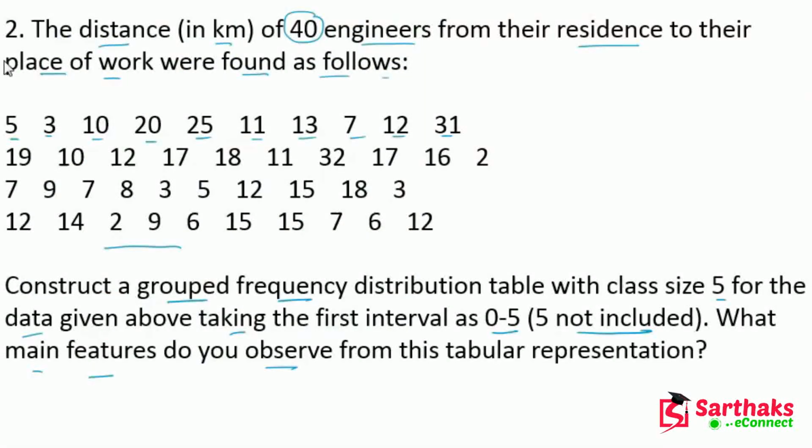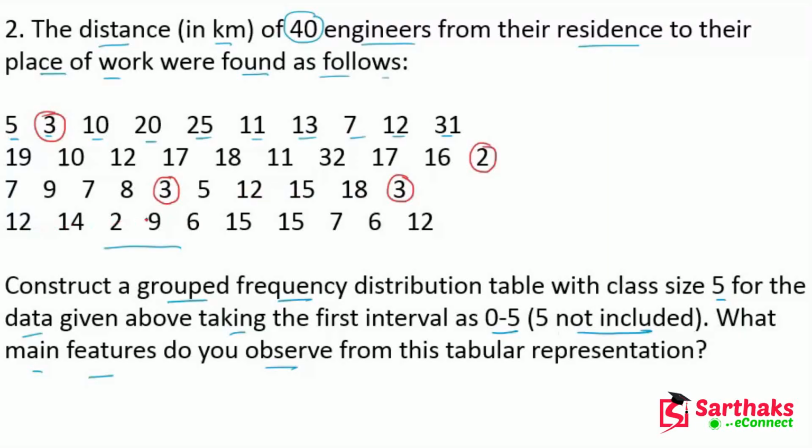This is 3, and in the second row this is 2, this is 2, and the next one is 3, and this is also in the range of 0 to 5.